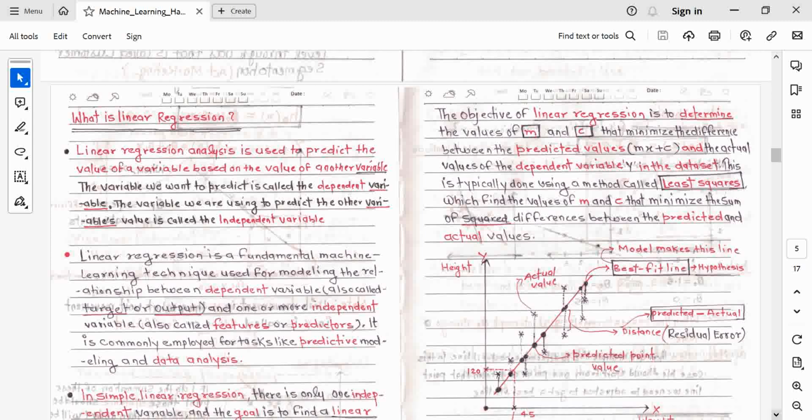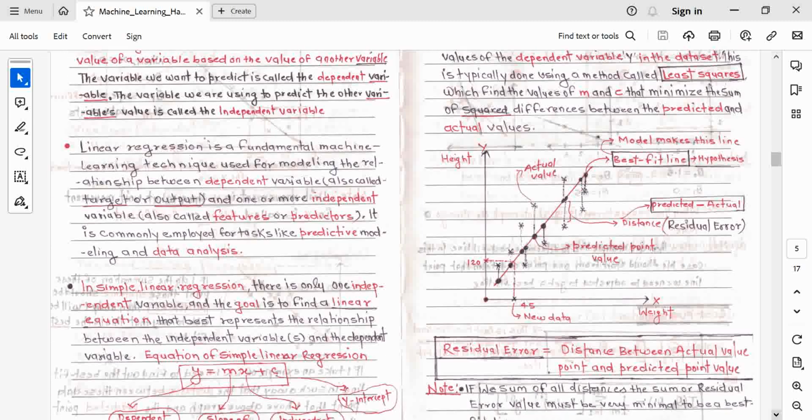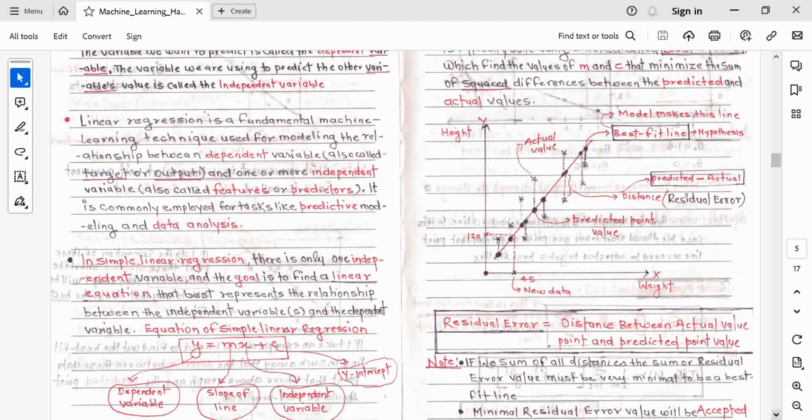Taking the example of the figure, we take height on the y-axis and weight on the x-axis, and take some points.